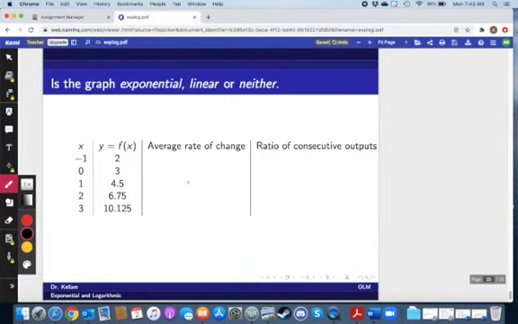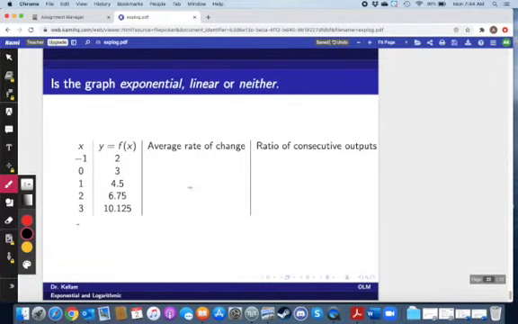Okay, we're going to look at one more. Here, the average rate of change is not constant. In fact, we can see that we go from 4.5 to 6.75. That's different than if we go from 3 to 4.5. So there is no constant rate of change.